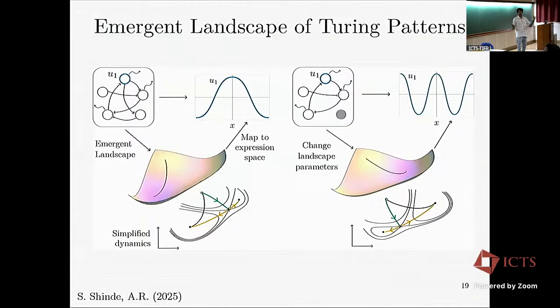If you look at the dynamics of Fourier modes, you can think of those dynamics as motion down a landscape. Going to the left, maybe you have a pattern with a single bump. Going to the right, you've made some perturbation. Let's say you have a mutant where this node no longer exists, and then you get 2 bumps in the expression of this particular gene that you're measuring in space.